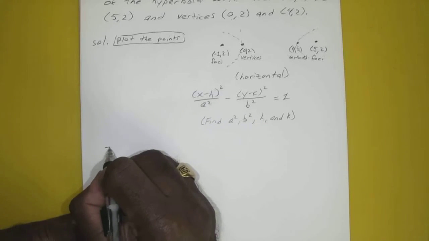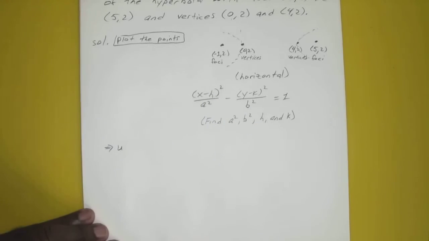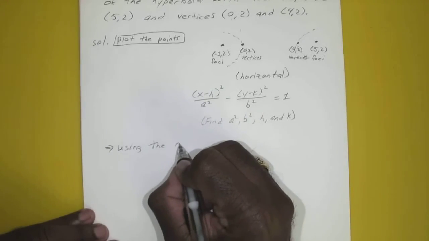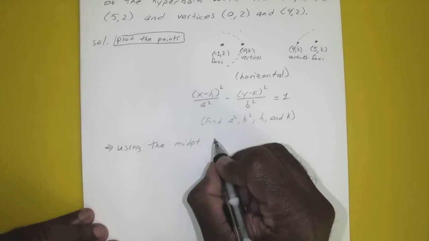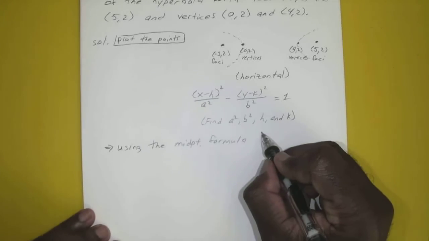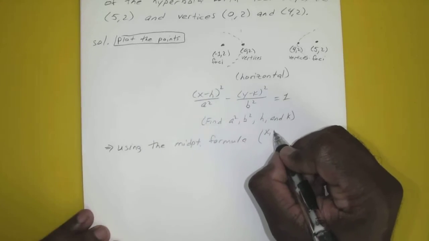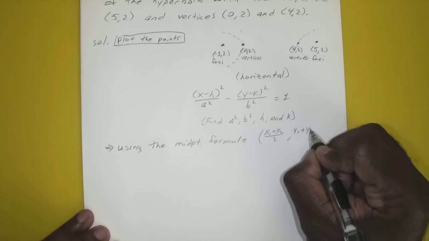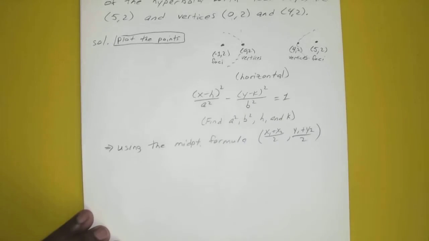Okay, so once again, we can go to our old reliable, the midpoint formula. So using the midpoint formula, and remember that's just x1 plus x2 divided by 2, and y1 plus y2 divided by 2, we can actually solve for the center.